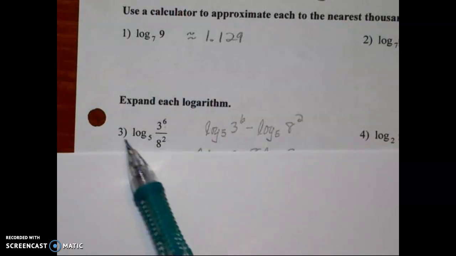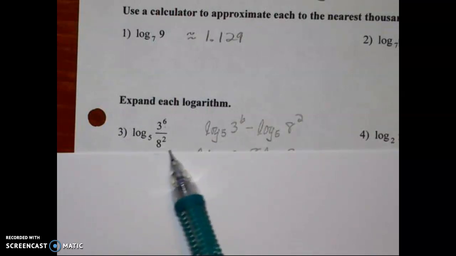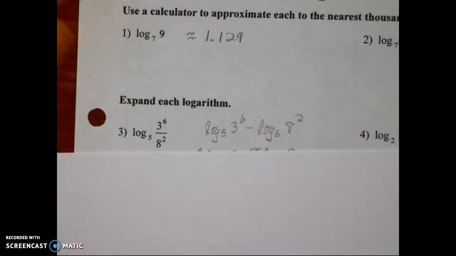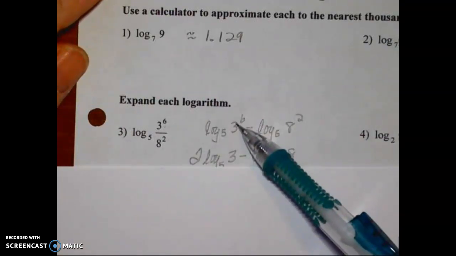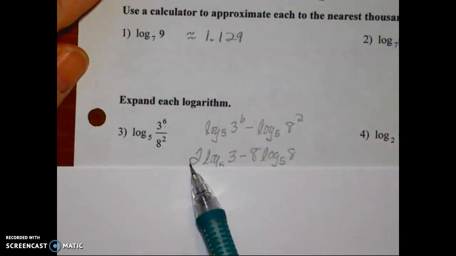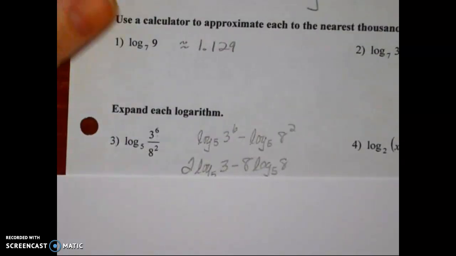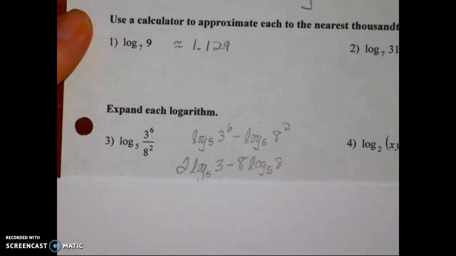So you have log sub 5, 3 to the 6, and then log sub 5, 8 squared, and you write it twice. Then any exponents that you have to be written as a coefficient, because when you have something in condensed form, it's not fully condensed unless you get rid of those exponents by writing them in the front as coefficients.